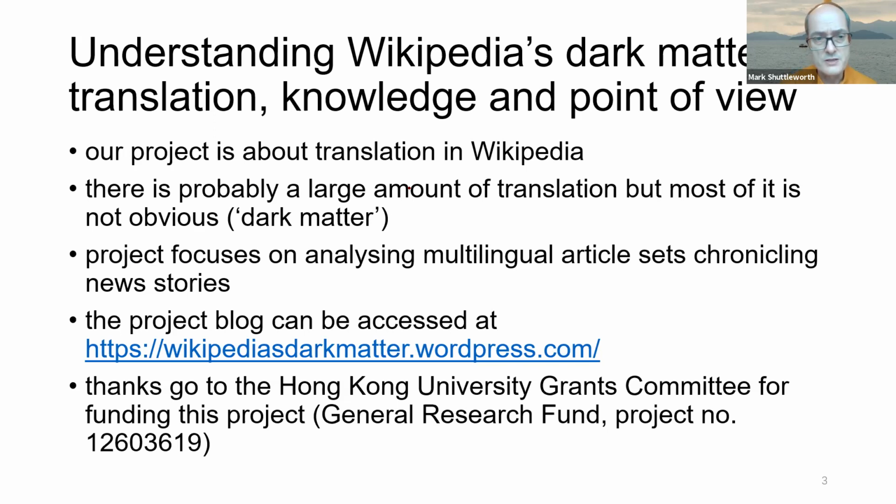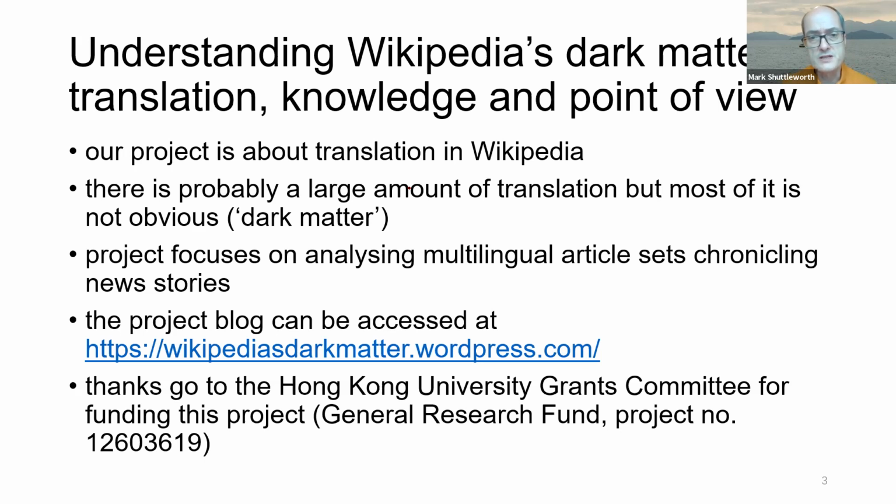As I've mentioned, the project is about translation in Wikipedia. For those of you who work in English, perhaps you're not so aware of this. Maybe users of other languages might become more aware of the fact that there is actually a large amount of translation in the multilingual encyclopedia, but most of it is not obvious.